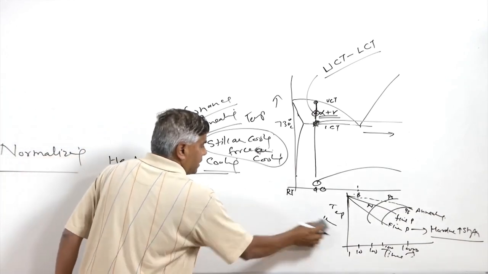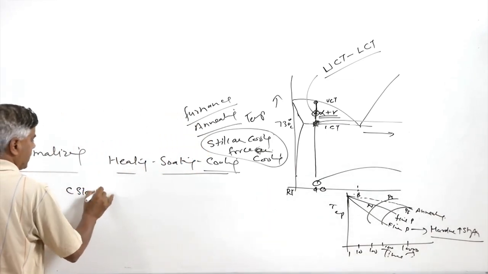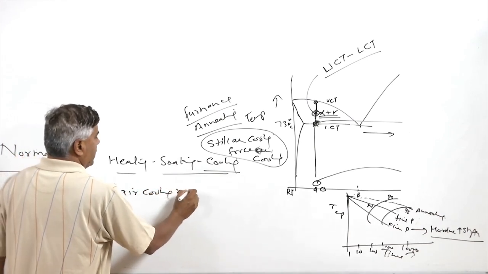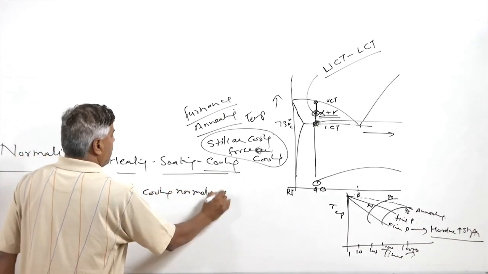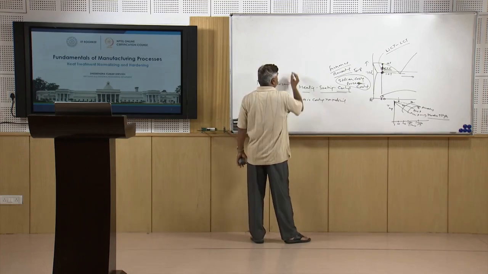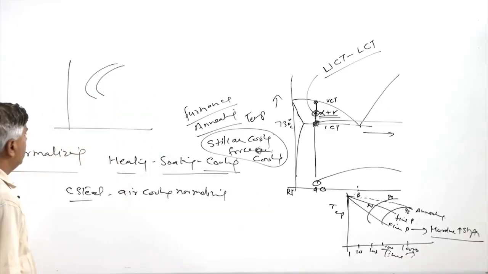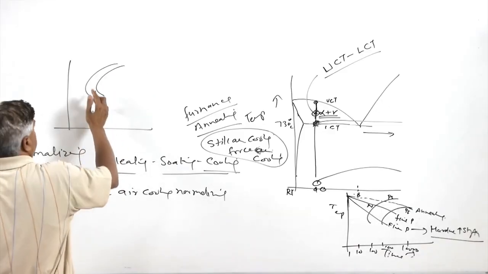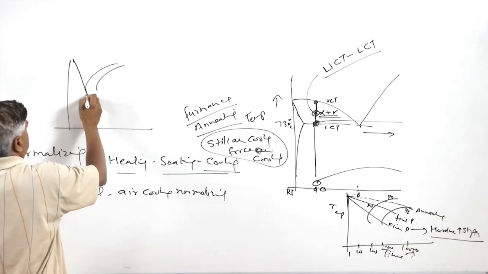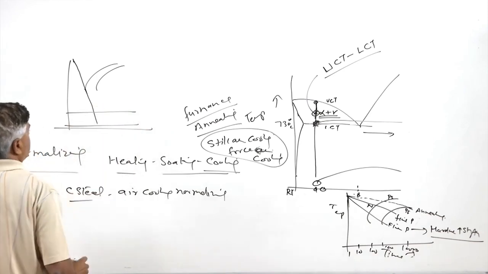Only issue is that in the case of carbon steels, air cooling may lead to normalizing, but some steels offer high hardenability, which we can understand from this diagram. For the carbon steel, our CCT diagram is like this, so the critical cooling rate requirement is of this kind for the martensitic transformation.